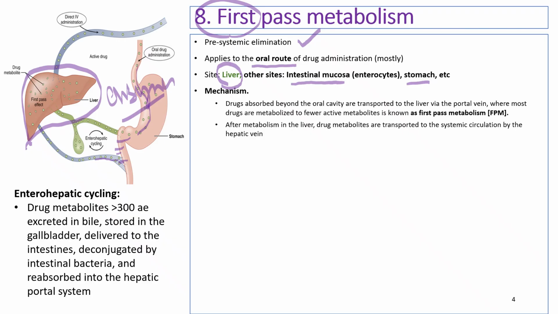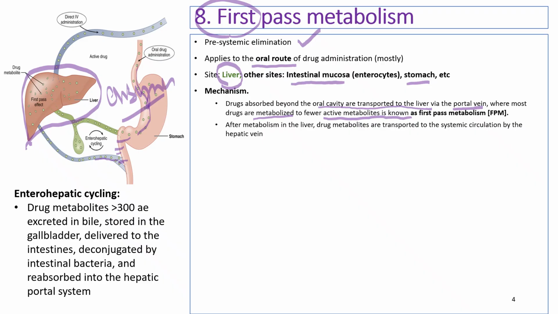So what's the mechanism? Drugs absorbed beyond the oral cavity are transported to the liver via the portal circulation. While crossing these membranes, the enterocytes and hepatocytes, the drugs are metabolized by various enzymes, so only a few active metabolites reach the systemic circulation.